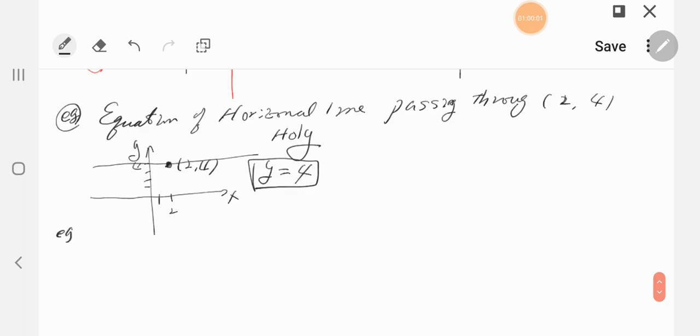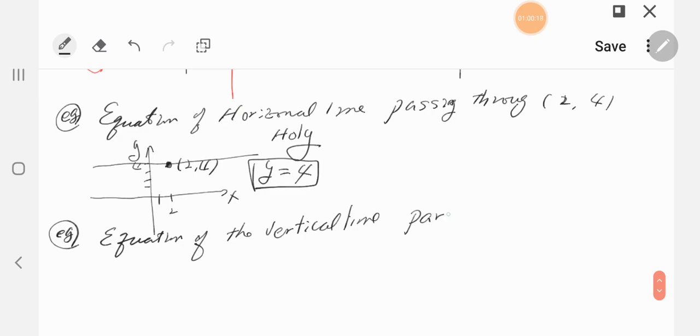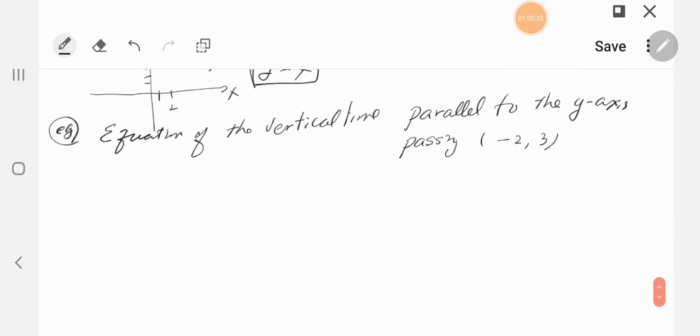Try more. What's the equation of the vertical line that is parallel to the y-axis and passing through (-2, 3)?